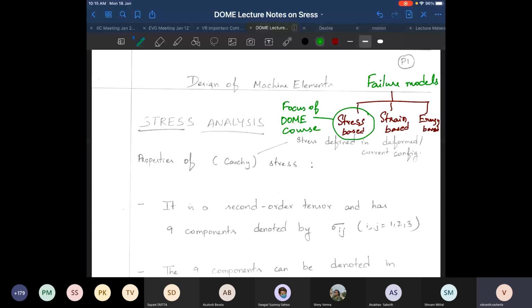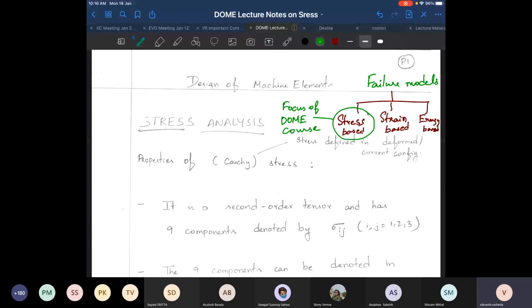In situations like that, you make use of these strain based models. And we have some energy based models in fracture mechanics, and also for failure of materials when subjected to large deformations. But in this course we'll be focusing on stress based failure models.